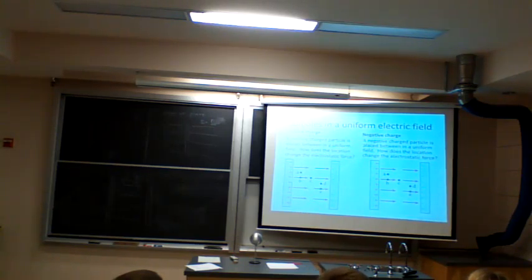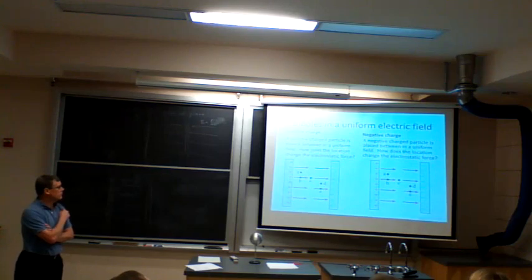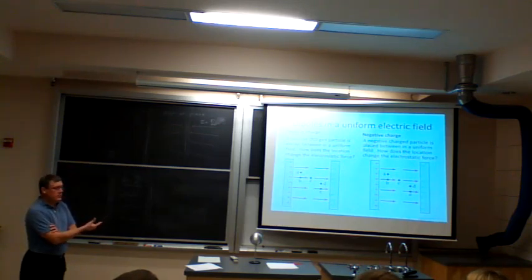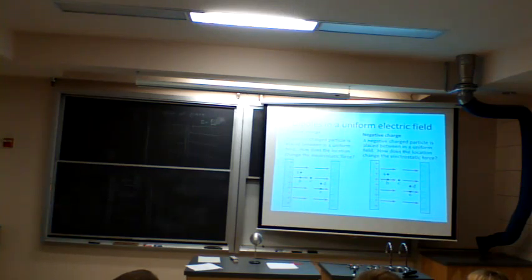A positively charged particle is placed in a uniform field. How does the location change the electrostatic force? At points A through E, what if it's a positive charge? Same story, right? Any questions?